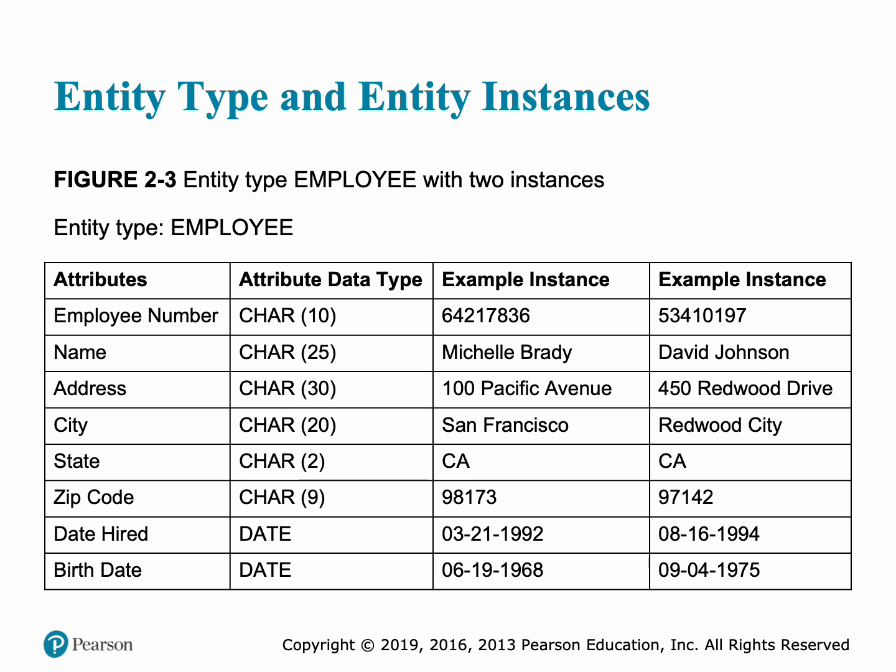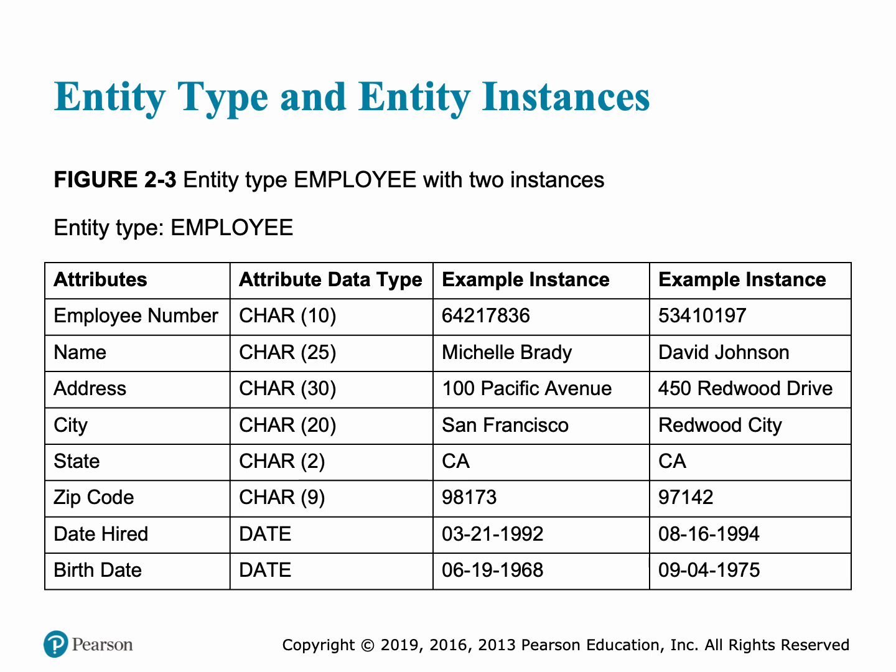So employee number is character 10, or char 10. An example instance is 642617836, another 534100197. Name is char 25: Michelle Brady, David Johnson. Address would be char 30: 100 Pacific Avenue or 450 Redwood Drive.